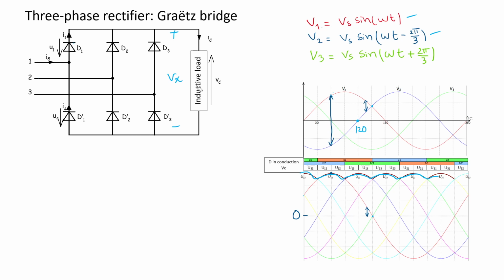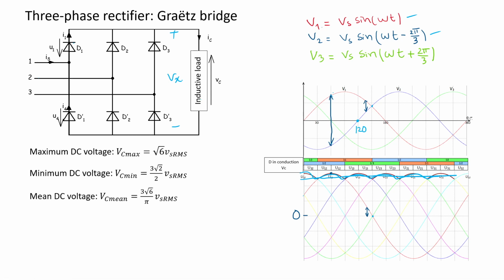When we have inductive load, then the average value is even more. It would be here, and the higher the inductor we use, the more straight the waveform at the load, right? So at the maximum VC mean, the voltage here, because the average value of VC here is the same as the average value of VH here.